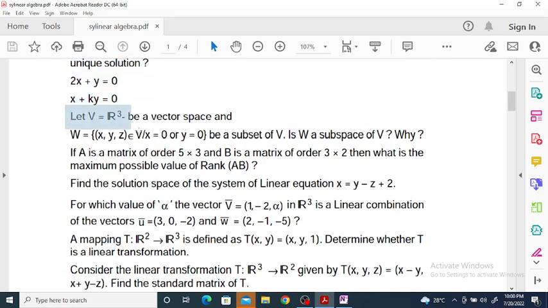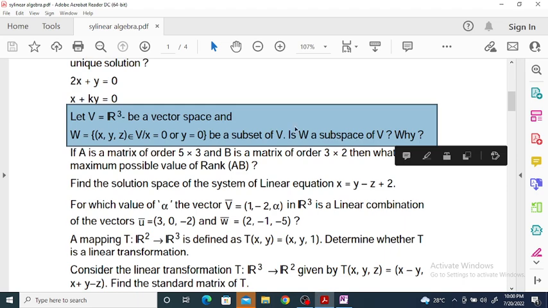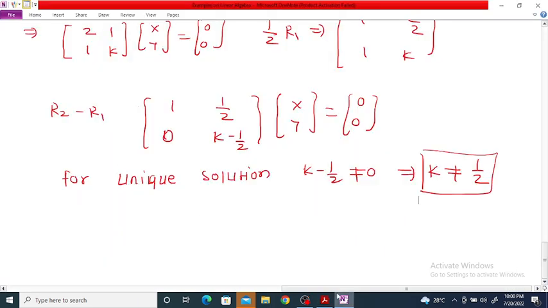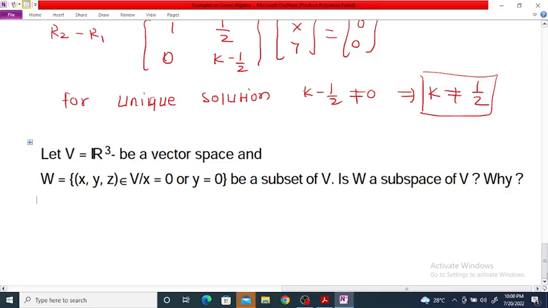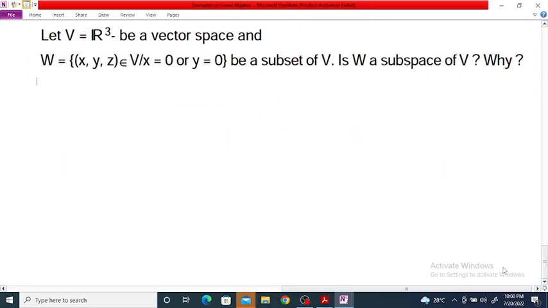Next example. Let V be equal to R cube, a vector space, and W is equal to the set of (x, y, z) such that x is 0 or y is 0, a subset of V. Is W a subspace of V?